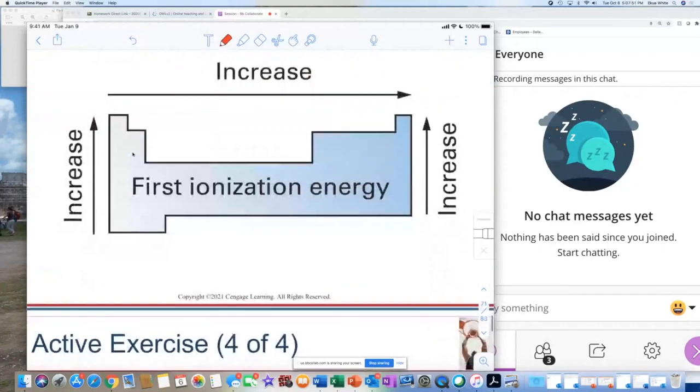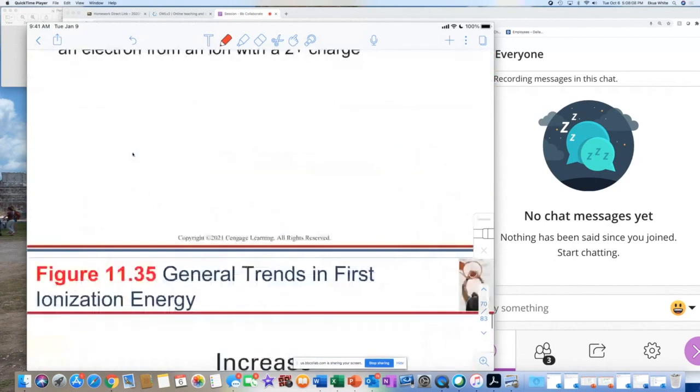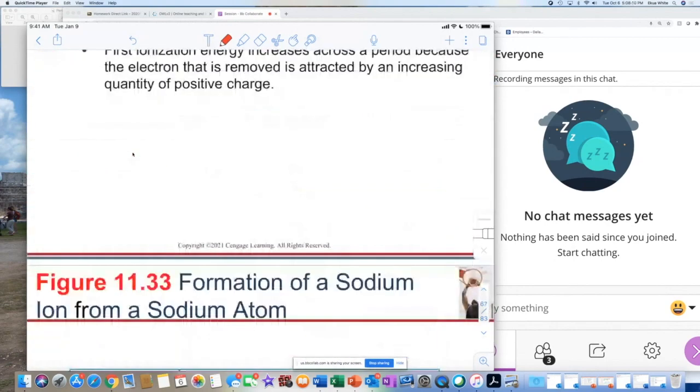I won't go over that part yet. This is what I just covered. Oh, here. We're now supposed to arrange B, N and F, and then F, Cl, Br. They didn't make that one very interesting.